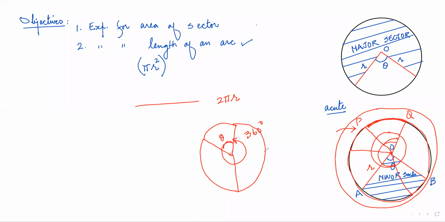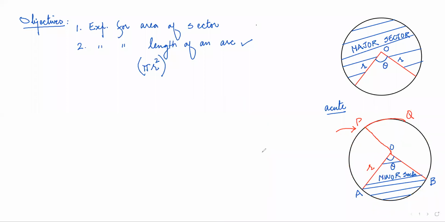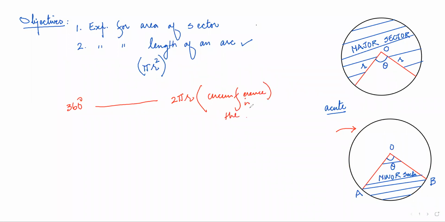This understanding helps us very easily to find the length of the arc. How? See, when the angle is 360 degrees, then what is the length of the arc? The complete circumference, that is 2 pi r. I can write here, the circumference is the length of the arc corresponding to 360 degrees.